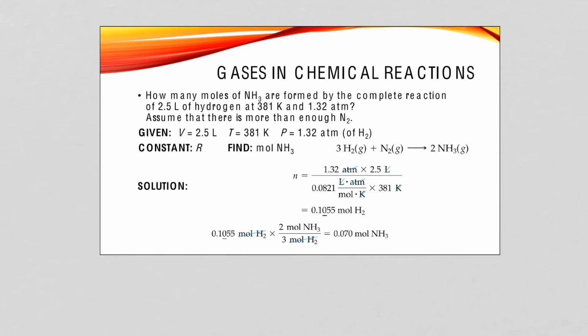I'm given the problem of how many moles of ammonia are formed by the complete reaction of 2.5 liters of hydrogen at 381 Kelvin and 1.32 atmospheres. Again, we're going to assume there's more than enough nitrogen.